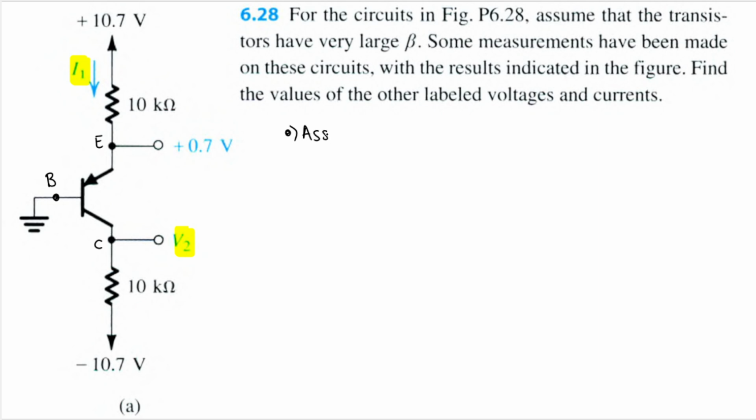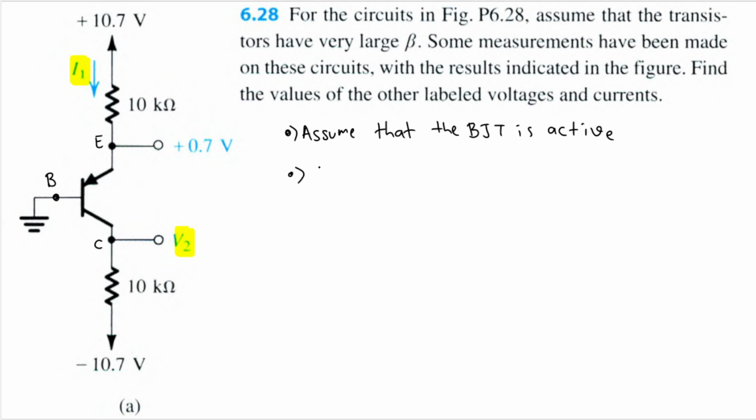Assume that the BJT is active. When the BJT is active, we know that VBE is 0.7, I mean VEB, because this is a PNP transistor. I forgot that.